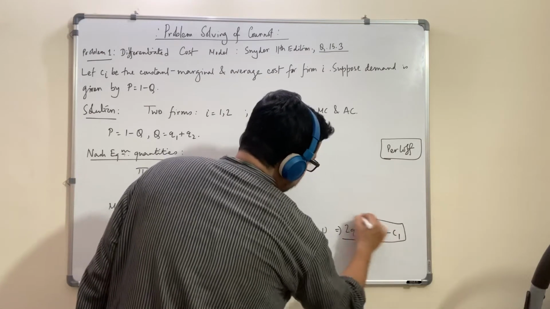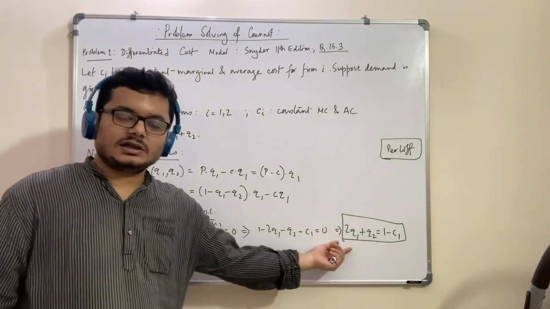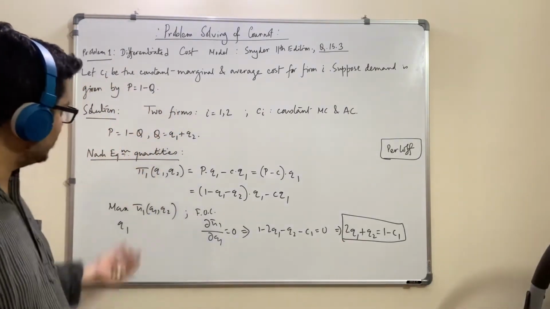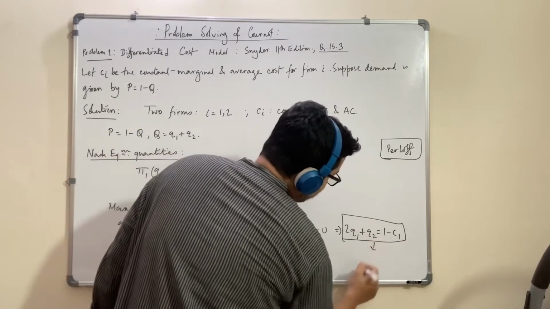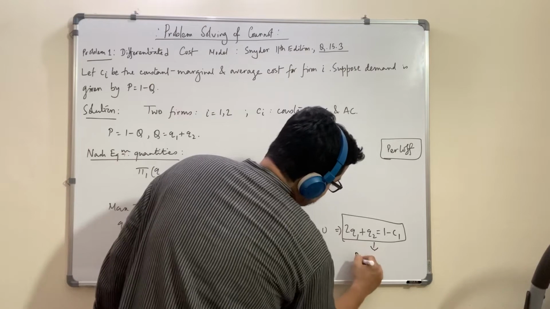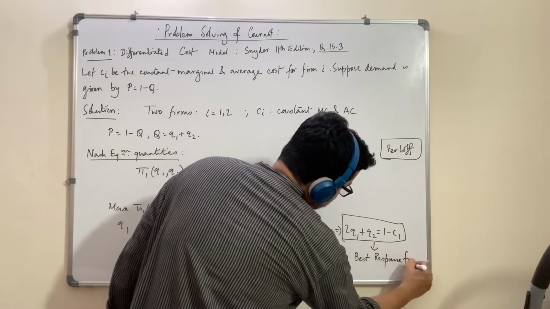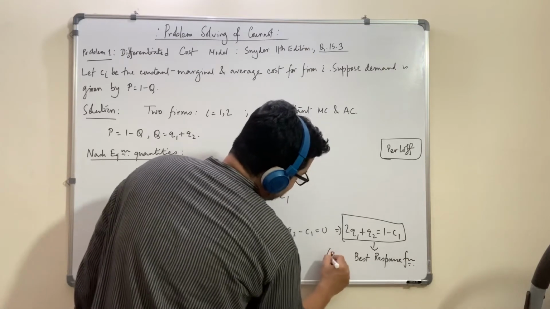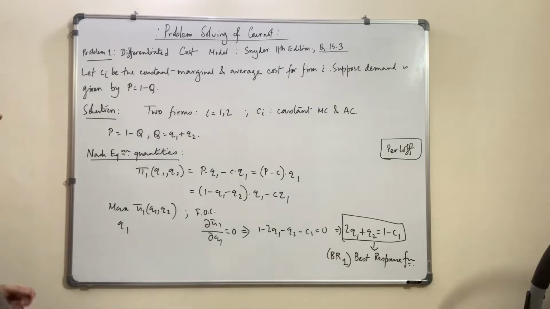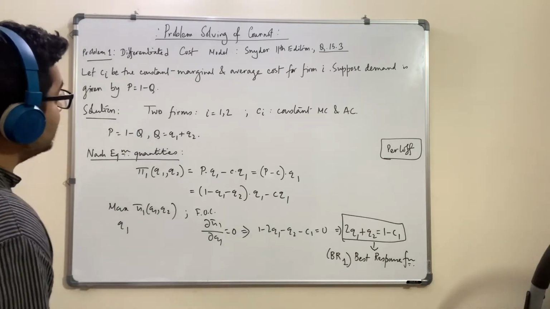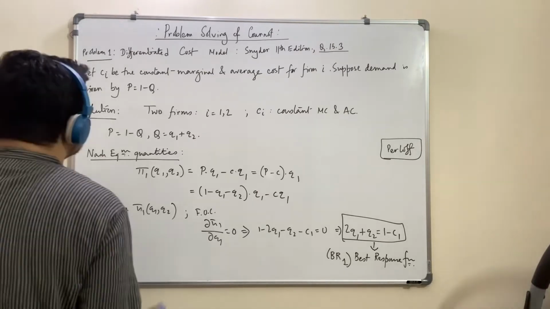So from our earlier knowledge, this is the reaction function. And as I said, if we follow game theory, then under Nash equilibrium this becomes my best response function. We can write it as BR1 because it is for firm 1. Then we are going to do something that we have done earlier also. That is, we are going to use symmetry.